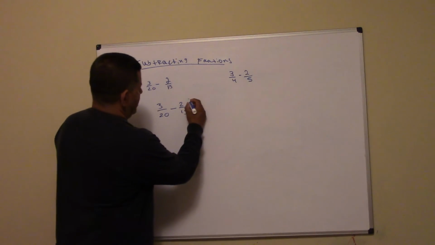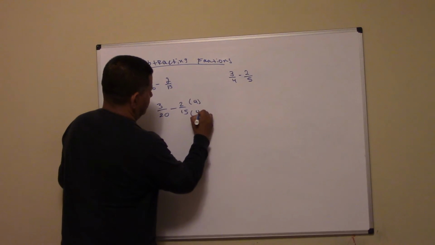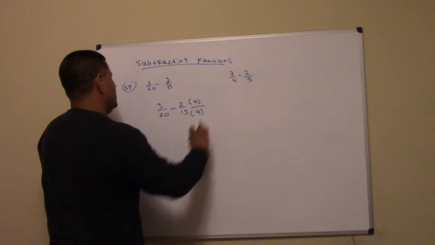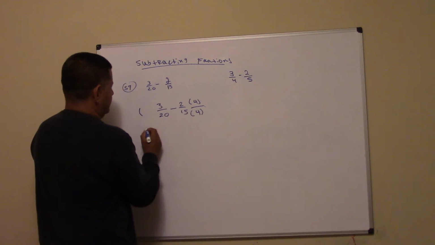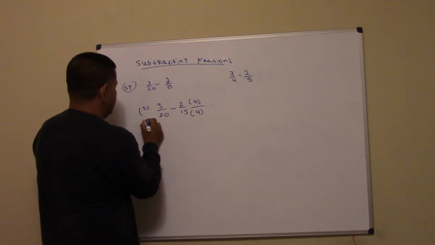So therefore, I have to multiply this by 4, and multiply this by 4, right? And then I multiply this by 3, and I multiply this by 3, okay?